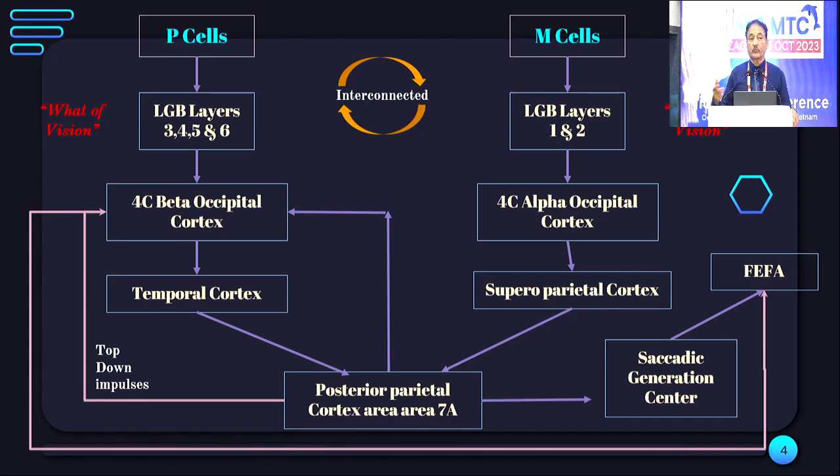The occipital cortex works only as an image transmission center. It does not have its own brain to understand the quality of these images. It passes it on to the temporal cortex, which analyzes and sends it back to the occipital cortex via the cognition center. See, it's a very complicated process, the whole vision.